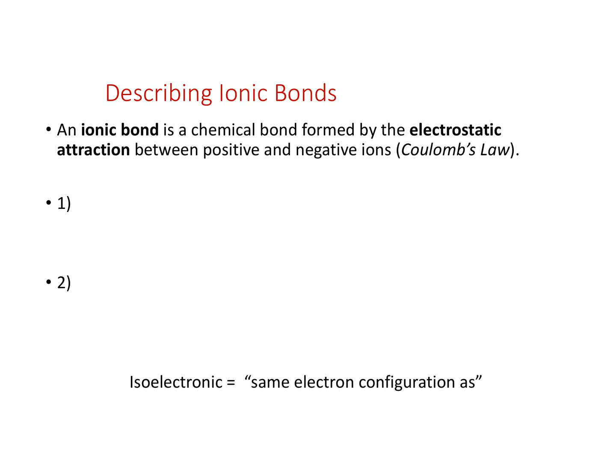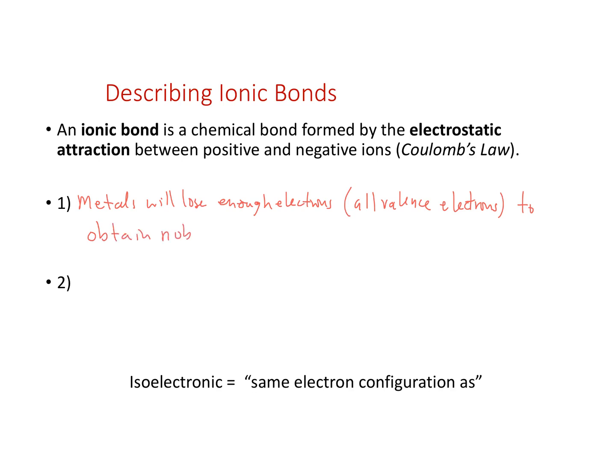We know by looking at the electron configuration and thinking about the electron affinity and ionization energies that metals will lose enough electrons, basically all valence electrons, to obtain noble gas configuration, becoming isoelectronic with a noble gas.